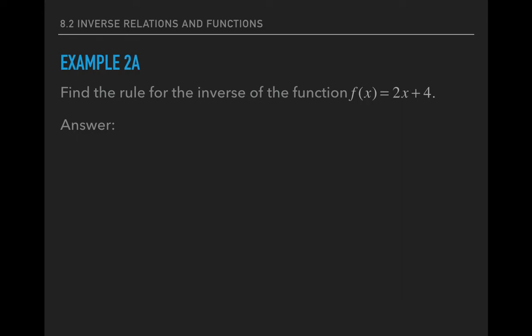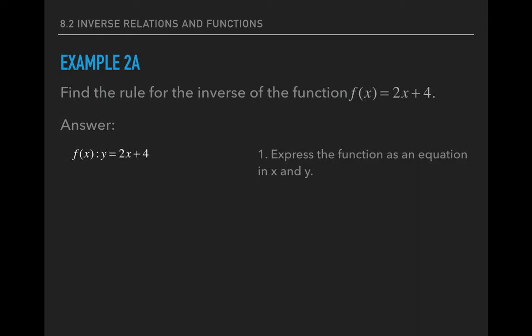Now, we've looked at just a relation where you have ordered pairs and finding the inverse, but what if you have a function and you want to find the inverse of a function? To do that, you would first want to express the function in terms of x and y.